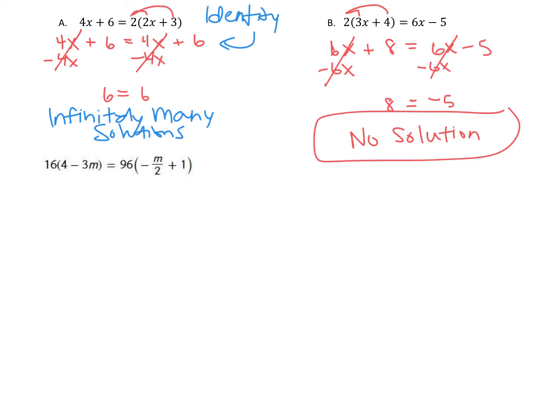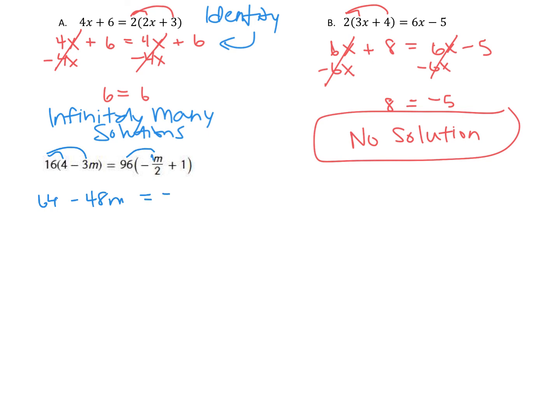I'll go blue with my pen. Okay, so let's clean up the equation first. We're going to distribute on the left. 16 times 4 is 64. 16 times a negative 3 is negative 48m equals. All right, so when we distribute here, it's a positive times a negative, so it's going to be negative.